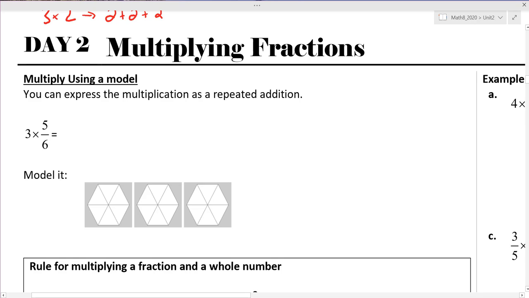So I'm going to shade this in. Shade in 5 groups of the 6, and shade in 5 groups of the 6 here. We have 3 of these, right? I'll shade that in.